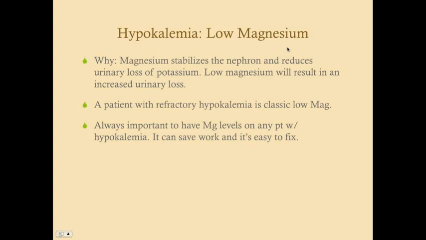So if you have a patient that has hypokalemia and it's refractory and you just can't get their potassium back up to normal, between 3.5 and 5, the most likely cause is a low magnesium. What magnesium does is it stabilizes the nephron and it reduces urinary loss of potassium. So if your magnesium is low, you're going to have an increased loss of potassium through your urine.